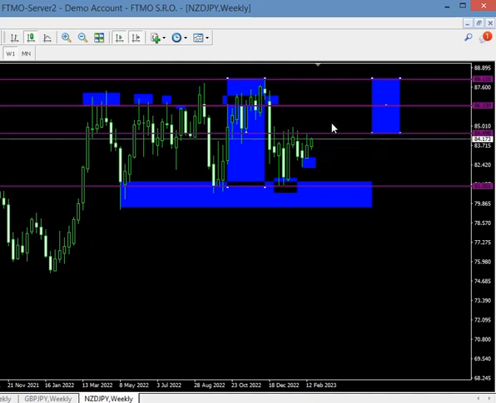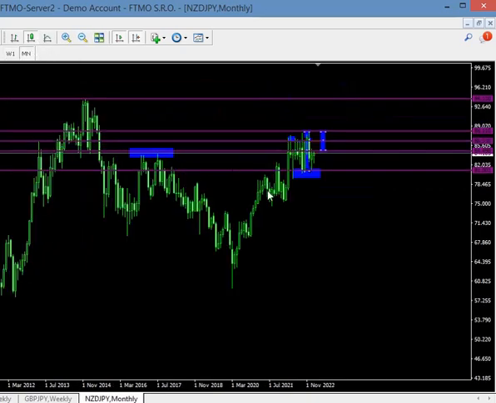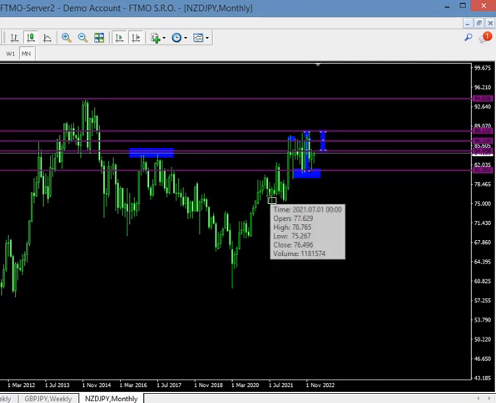So be patient, look for a retest of this 84,500 level, and that should be your entry long. If we go to the monthly chart, clearly we've been seeing higher highs. Clearly the market made a double bottom.